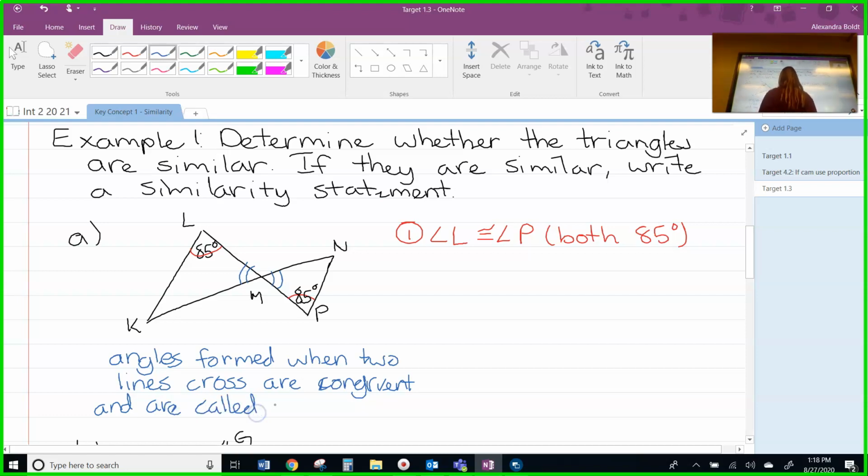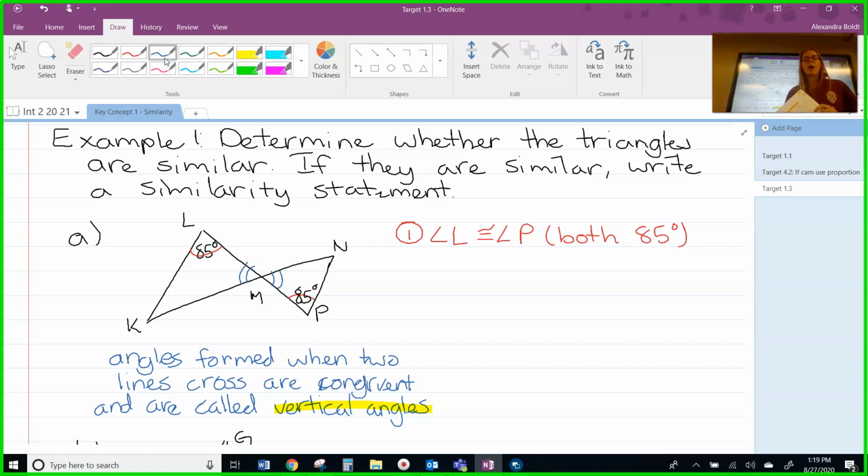And are called vertical angles. So anytime you see 2 lines crossing, those angles right in the middle with those triangles are congruent.